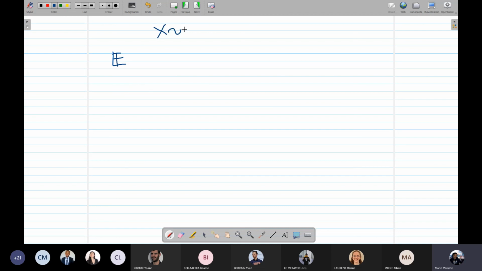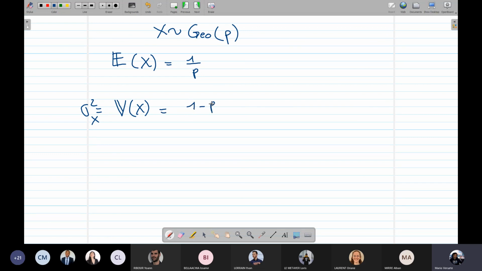If x follows a geometric law of parameter p, then the expectation of x will be given by 1/p. And the variance of x, sigma square x, is simply 1 minus p over p square.